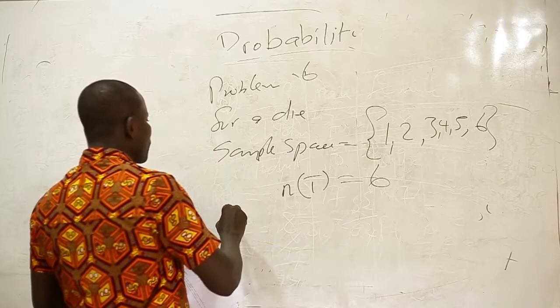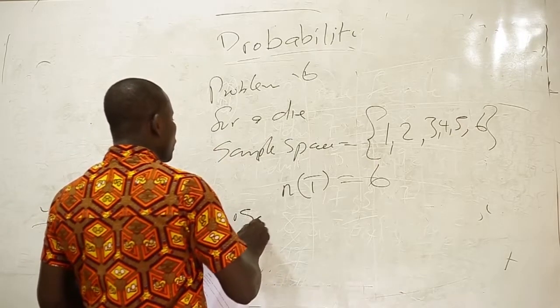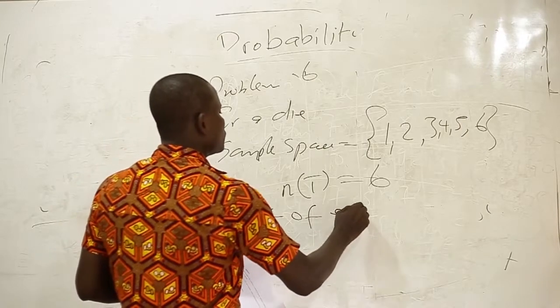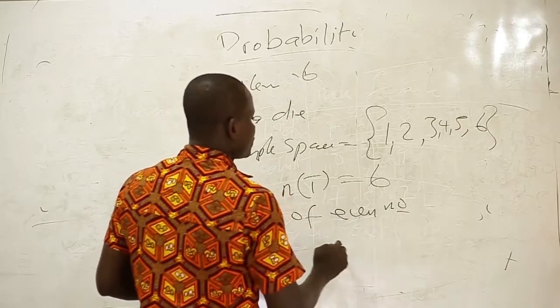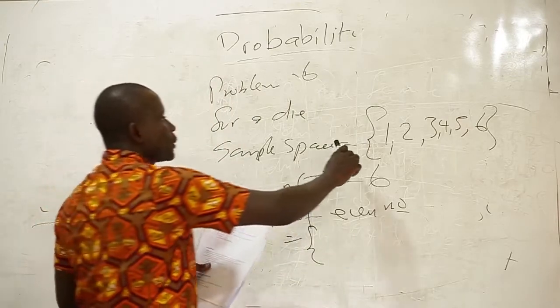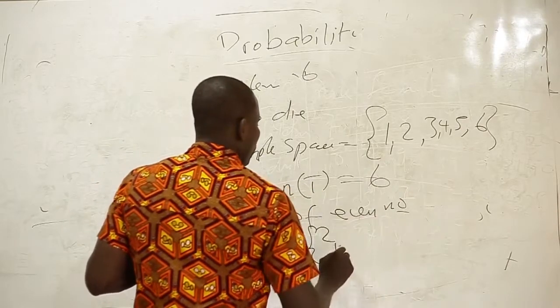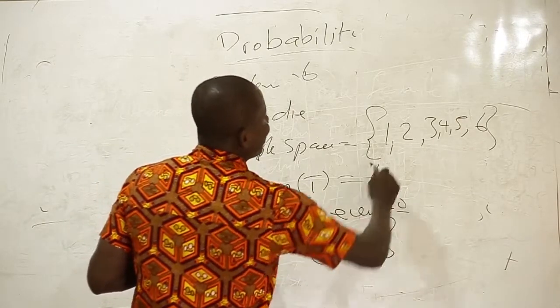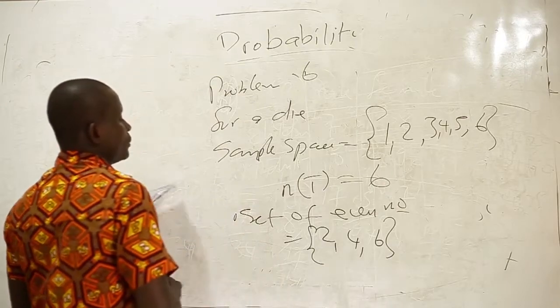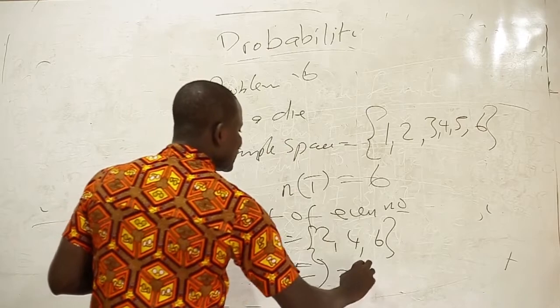So over here, we say that the set of even numbers. In this case, we've already spoken about even numbers. Look at this. What are the even numbers? We have 2, 4, and 6. These are the even numbers within the whole set. So n even numbers is equal to 3.